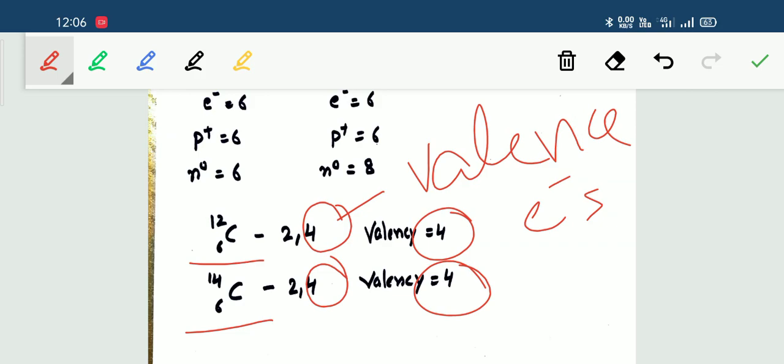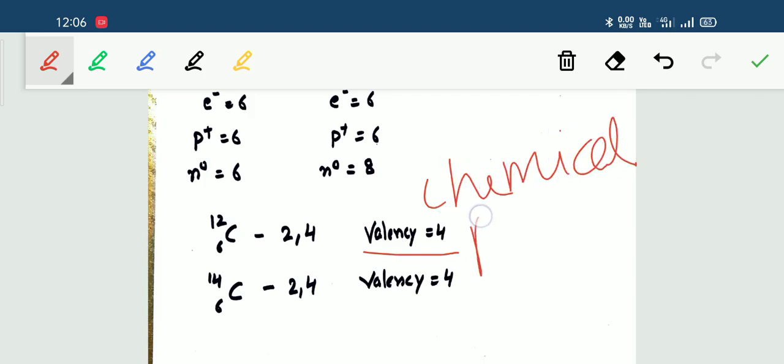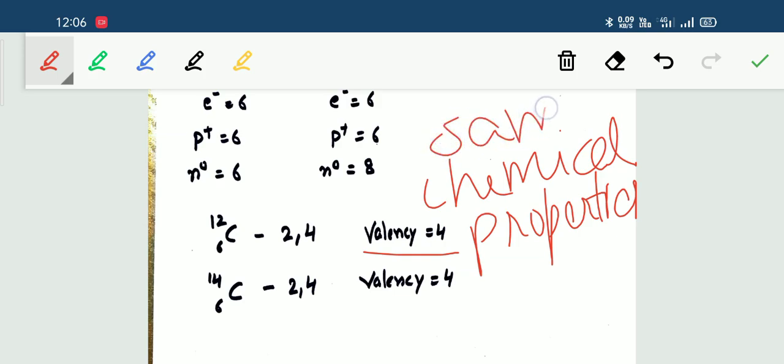Now students, there are two types of properties. One is chemical properties and the second is physical properties. Chemical properties depend upon the number of valence electrons or valency. Since both isotopes contain the same number of valence electrons, they have the same valency, therefore they will have the same chemical properties.